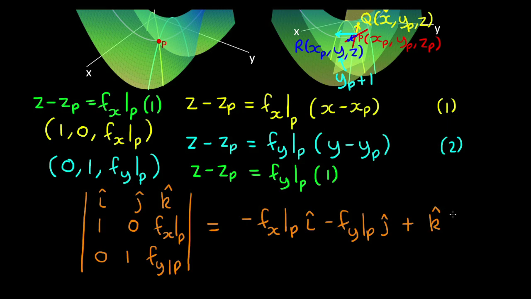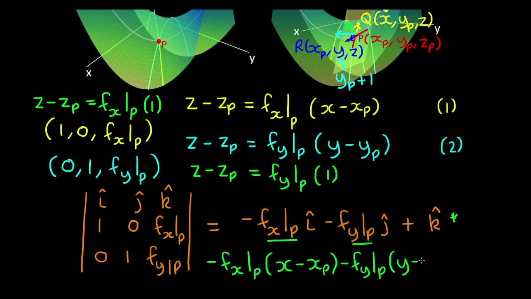So taking the dot product between this normal vector and a vector formed by 2 points on the plane, with one of those points being point P. So we have the first component of the normal vector, which is minus the partial of f with respect to x at P, by the x coordinate of this general point minus the x coordinate of point P, and minus the second component of the normal vector by y minus yp, and plus the third component, which is 1, by z minus zp, and that's equal to 0.